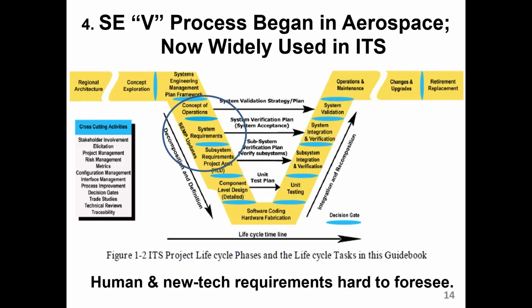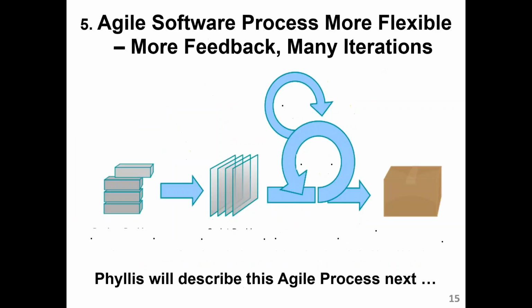Both of those make it hard to define requirements in a clear way at the very beginning of the process. So now the role that Agile software processes can play: they hold some promise, getting more feedback to development and allowing change. The icon you've seen will be described by Phyllis in a moment.